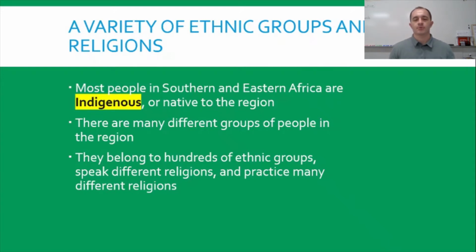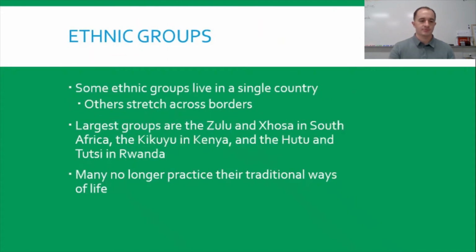There are many different groups of people in the region. They belong to hundreds of ethnic groups, speak different languages, and practice many different religions. Some ethnic groups live in a single country, while others stretch across different borders.